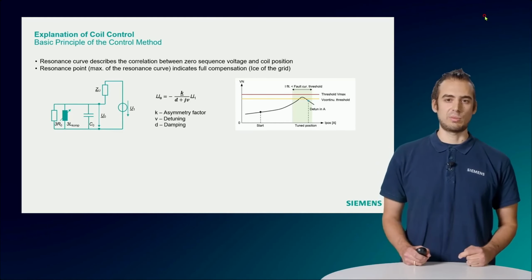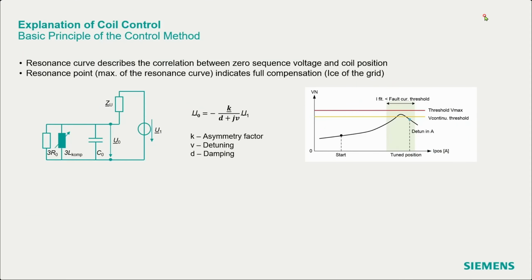At the maximum zero sequence voltage or displacement voltage, this resonance point, the impedance of the coil and the impedance of the line to ground capacity are tuned to each other. We can also derive this equation for the resonance curve from the equivalent circuit in symmetrical components, but we do not want to get too deep into this here.